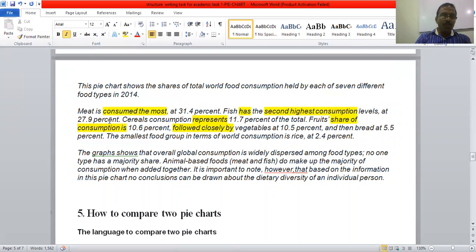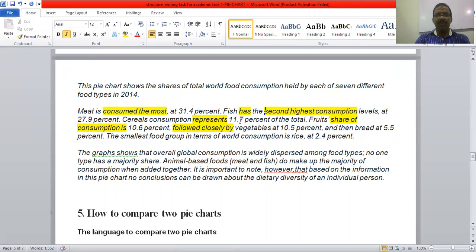This is required. If it is written in the pie chart, you must mention this. Okay, if you just mention the fish is the second highest consumption levels and you put a full stop here, no, this is wrong. You will have to put the value. You will have to tell what is the amount of consumption, that is 27.9%.